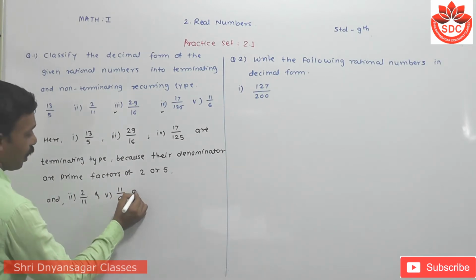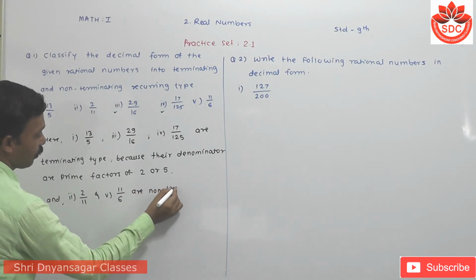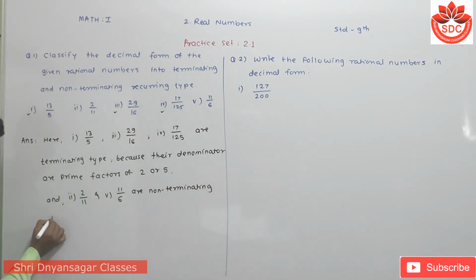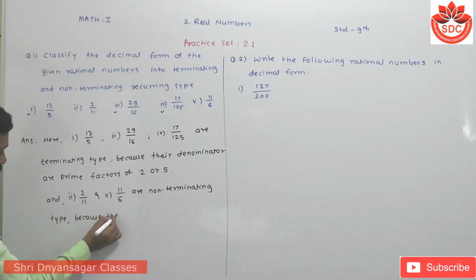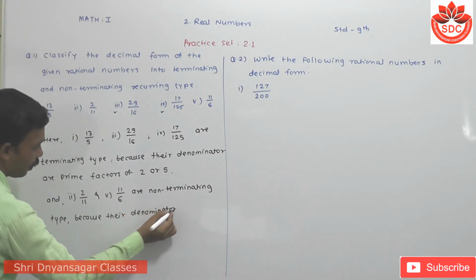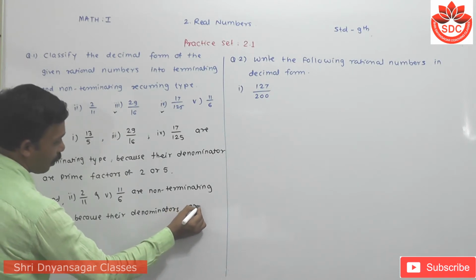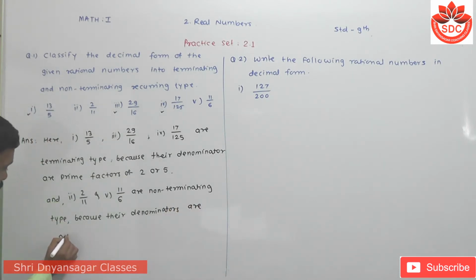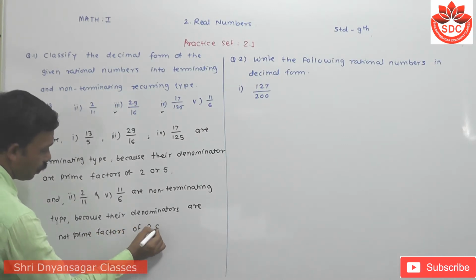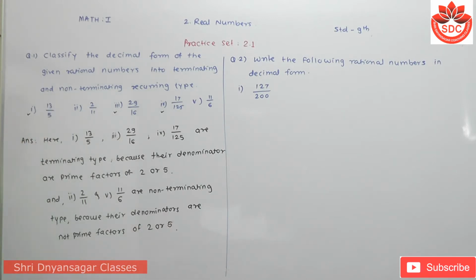These are non-terminating type because their denominators are not prime factors of 2 or 5. Can you understand this first question?